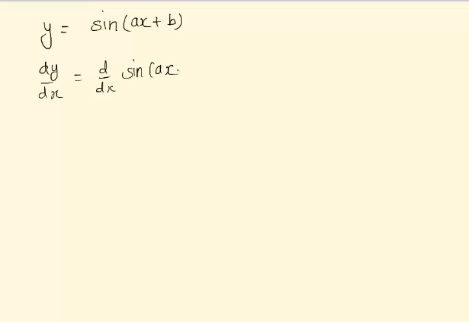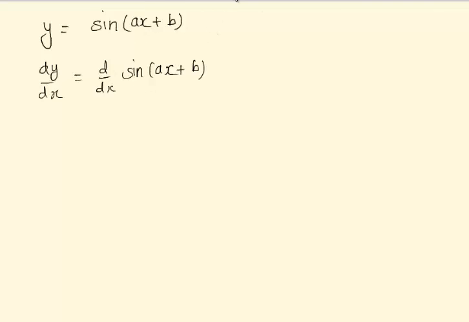Let's take another example. Y is equal to, let's say, sin of ax plus b, where a and b are constants, and you have to find dy by dx. Then you will write it as d by dx of sin ax plus b. But you know the differentiation of sin x, and you don't know the differentiation of sin ax plus b by differentiation of elementary function.